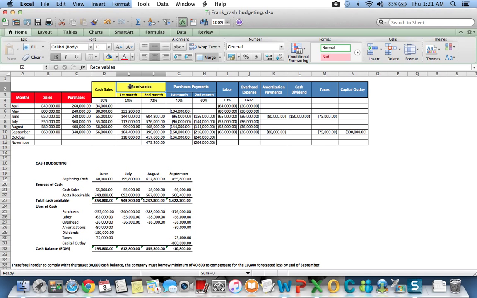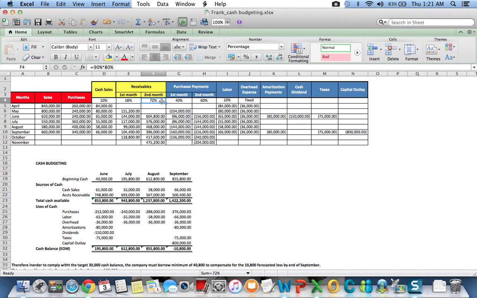Of the 90% credit sales or receivables, 20% of it is collected in the month after sales, and 80% of it is collected 2 months after. To get the percentage of 20% and 80% of 90%, we multiply 90% times 20%, which is equal to 18% of the sales.